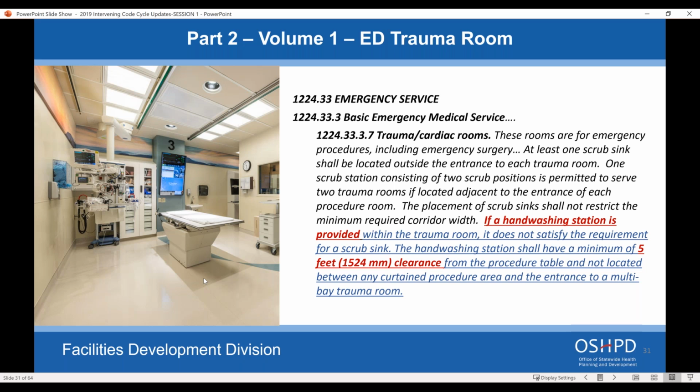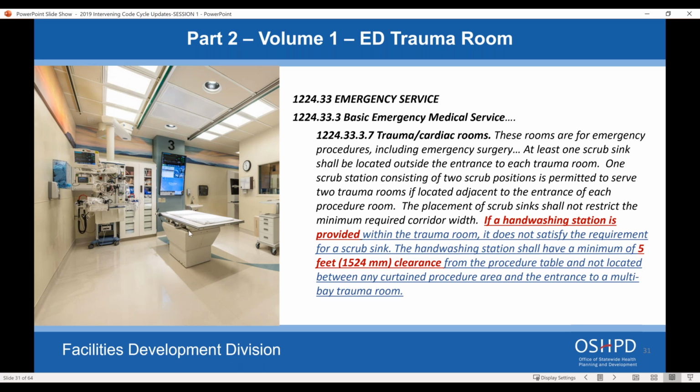A lot of facilities want to put hand washing stations inside because these can potentially be used as operating rooms under emergency conditions, so there is some controversy if the hand washing station would be allowed. And conferring with CDPH on this, it is allowed, but it needs to be 5 feet away from the procedure table, because that is the area that's most restrictive.